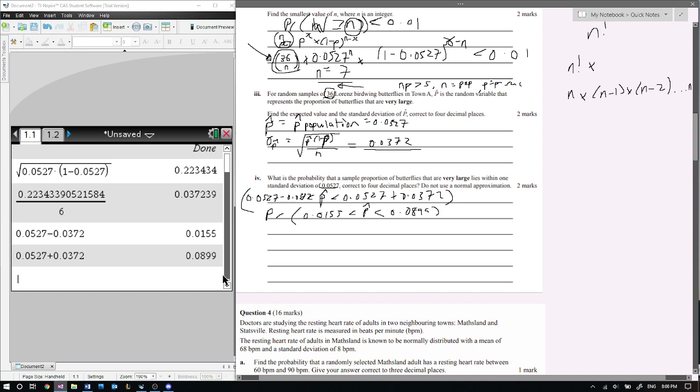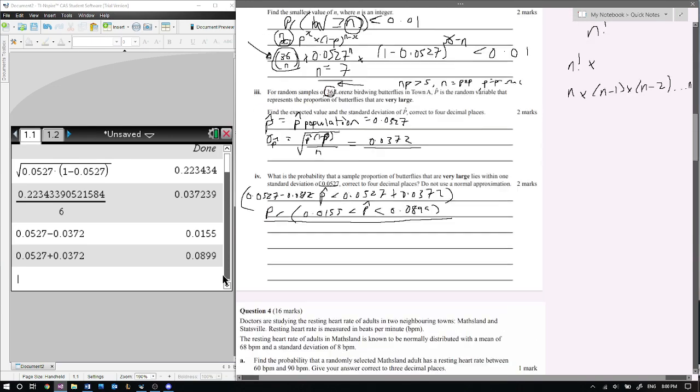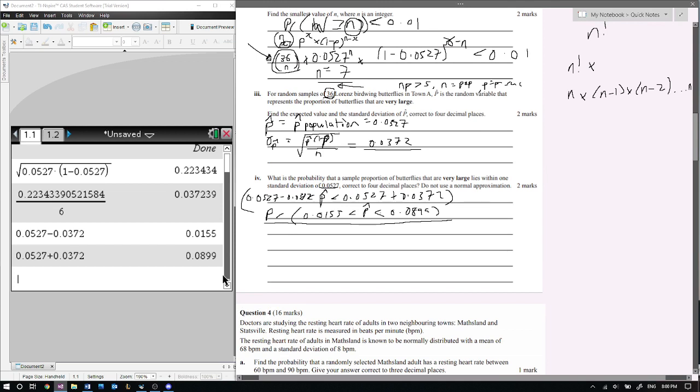Okay, so now you're left with this. I guess it can be quite daunting. When you're looking at a sample proportion, it can seem quite unfamiliar. But whenever you see a sample proportion, if there's anything to take away from this lesson, always convert it into its actual x value when the question says do not use a normal approximation.